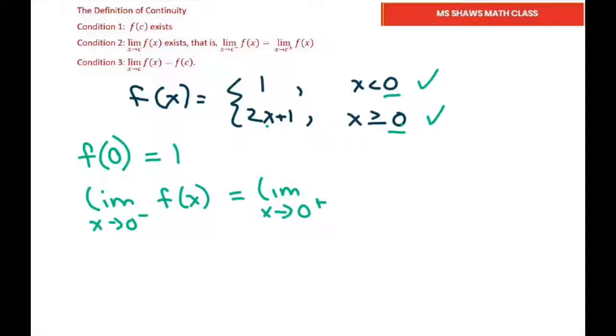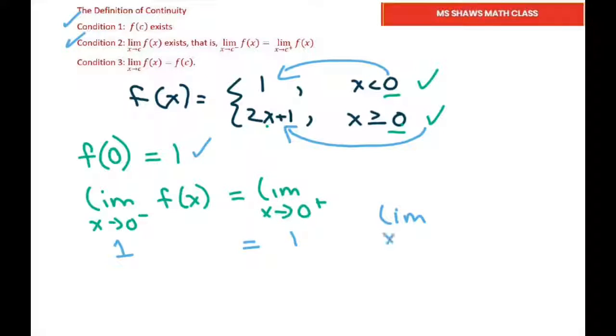And from the left, if you just do that, that's going to equal 1. And from the right, this is this one, which we did here, that also equals 1. So they match, so condition 1, 2 work out. And also it's very clear that our limit as x approaches 0 of f of x equals f of 0, because 1 equals 1. So this one's also continuous.